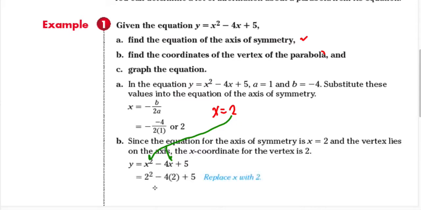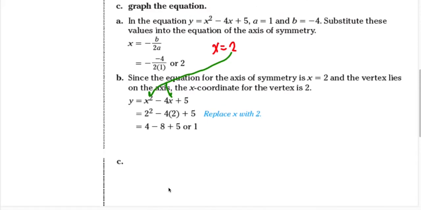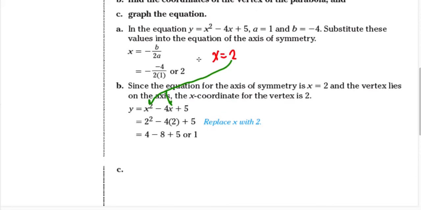We now have 2 squared minus 4 times 2 plus 5, and simplifying that, y equals 1. So the value of y when x is equal to 2 is 1. Therefore, our vertex is at 2, 1, because x is 2 and y is 1.